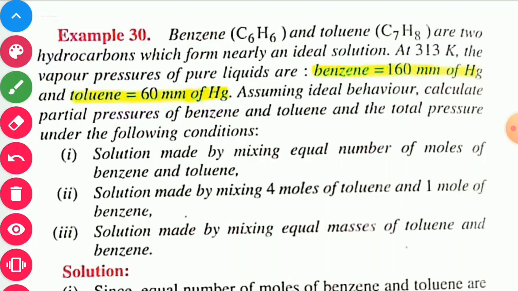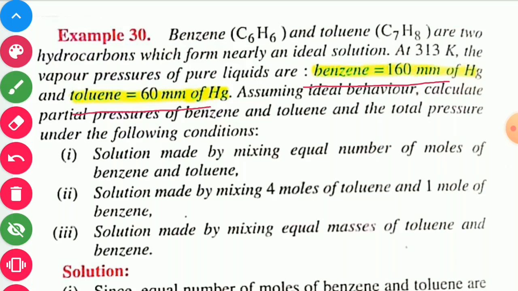Now some questions based on Raoult's law. First question: benzene and toluene are two hydrocarbons which form nearly an ideal solution. At 313 Kelvin, the vapor pressure of pure benzene is 160 mmHg, and in the pure form the vapor pressure of toluene is 60 mmHg.